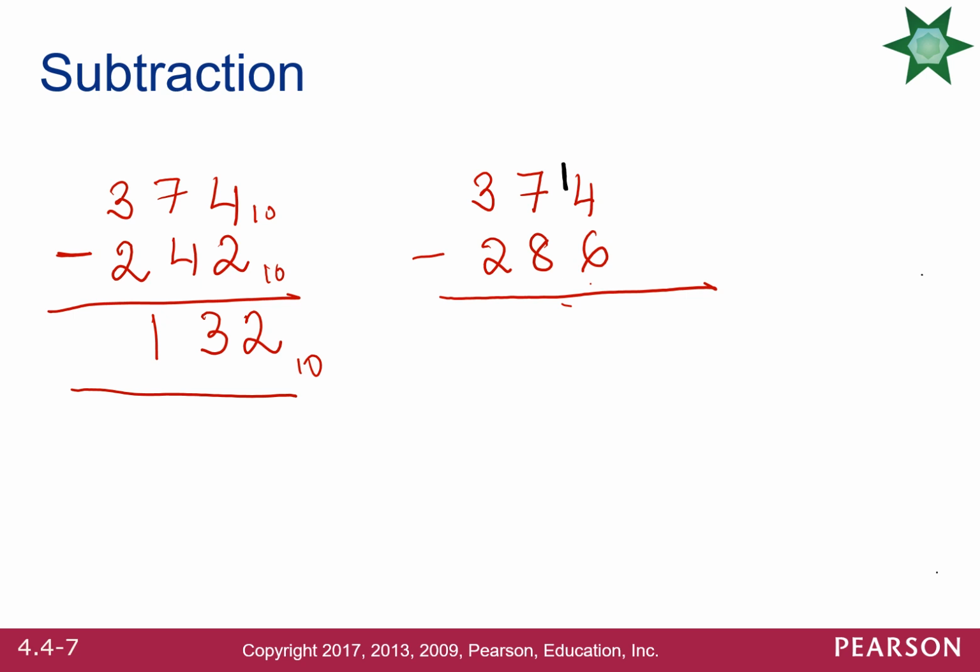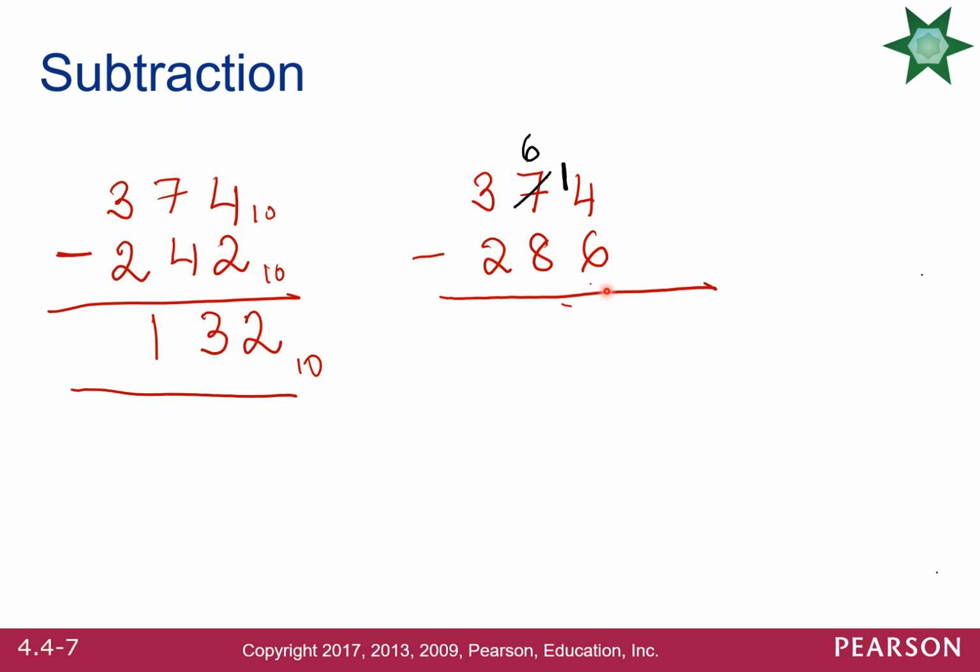So I've borrowed a bundle of 10 from the 7, and when I do that, the 7 becomes 6. So now we do the subtraction of the rightmost column, since now we have 14 minus 6, right?